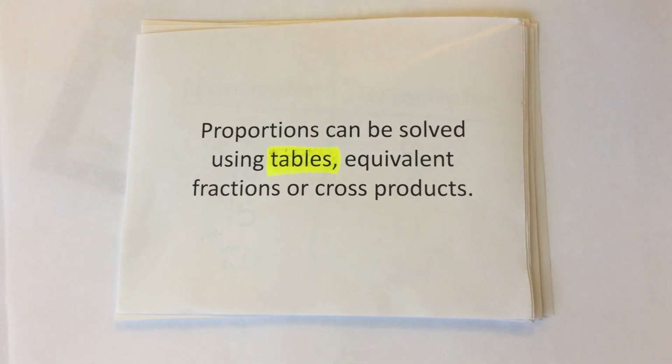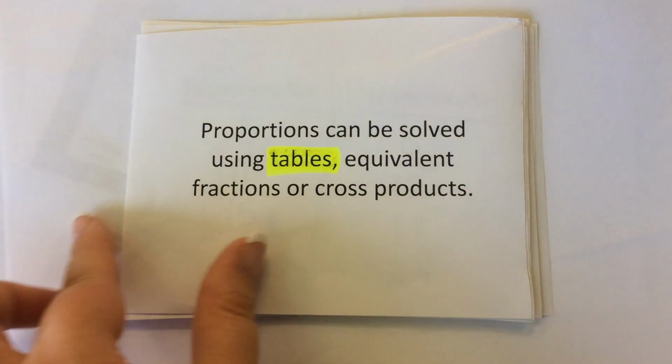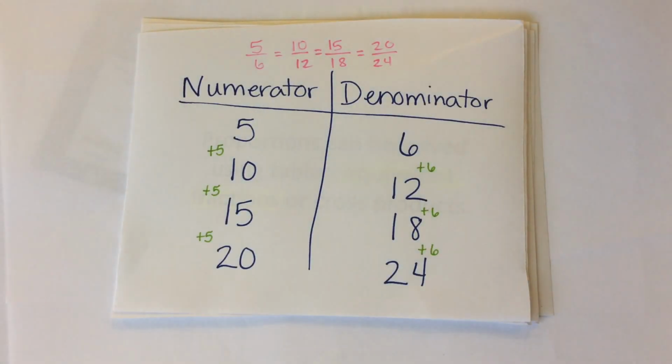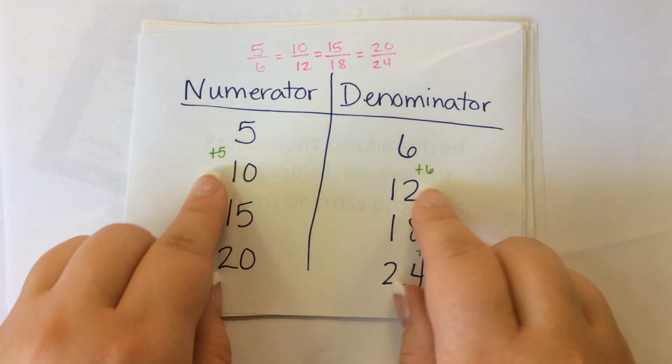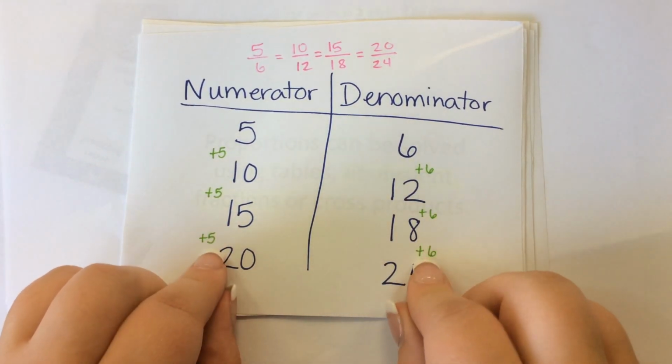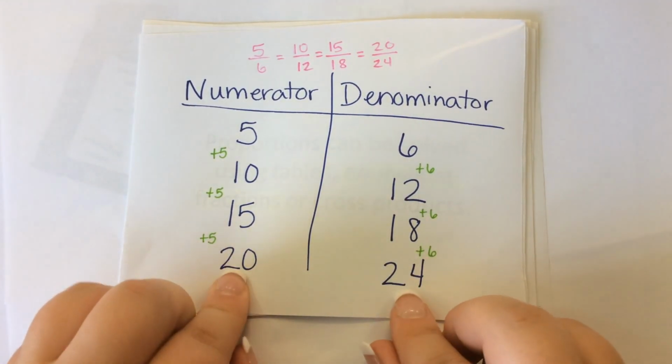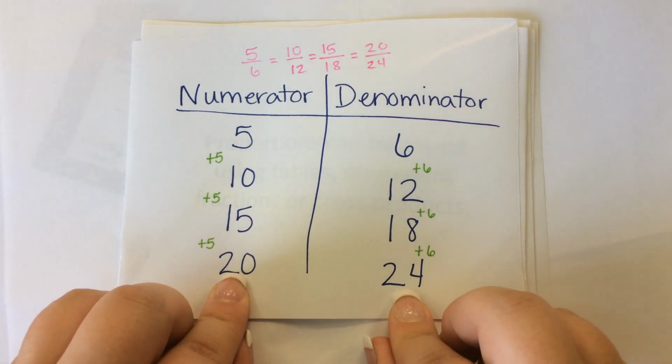Proportions can be solved using tables, like this, where the numerator and the denominator are added to each other over and over again until you get to the result that you want to get to.